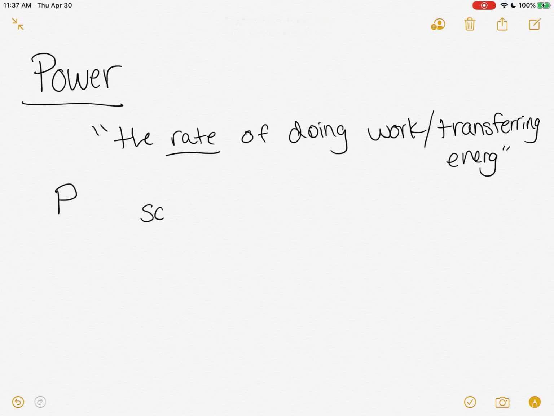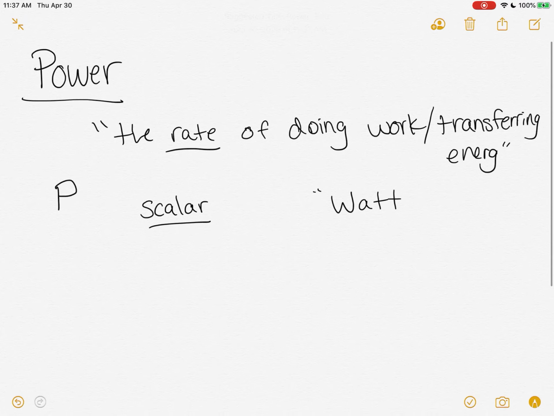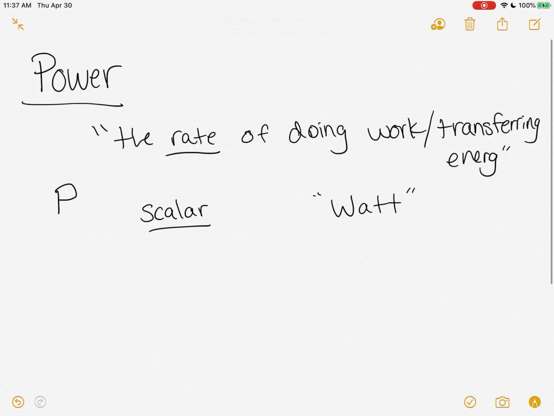Power is a scalar quantity, so it has no direction associated with it. Okay, and the unit for power is actually called the watt, and it's symbolized by a capital W. And so when we're looking at power, we talk about power in terms of wattage.